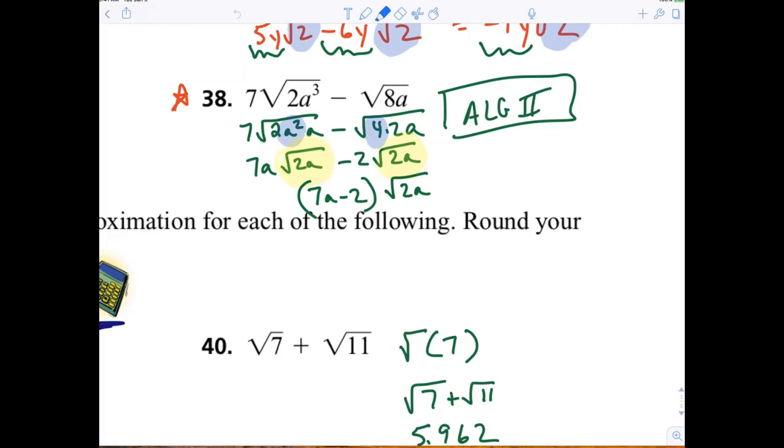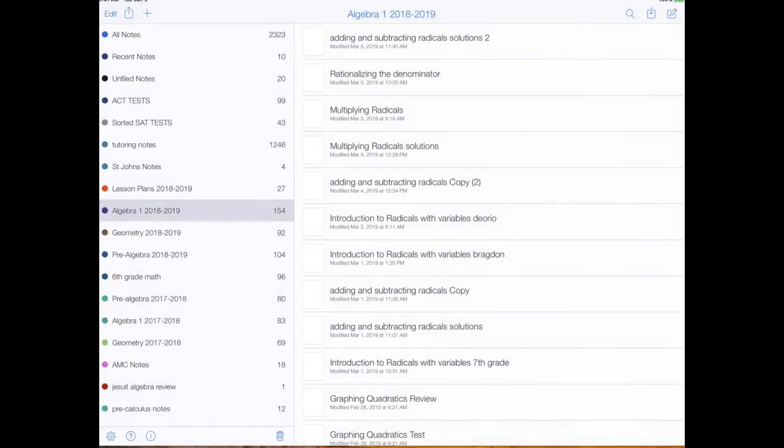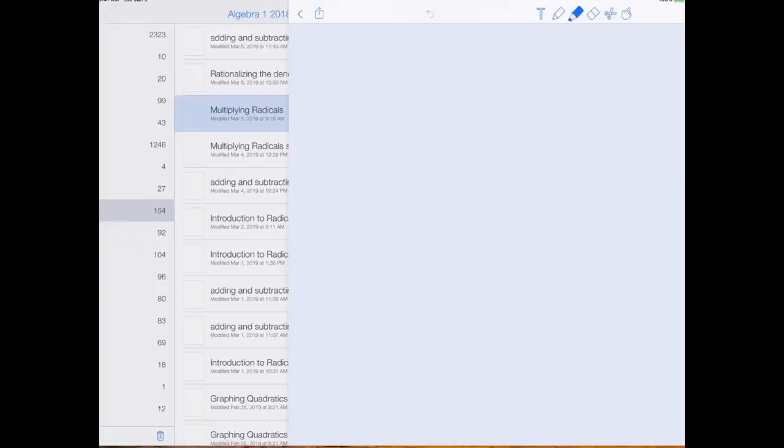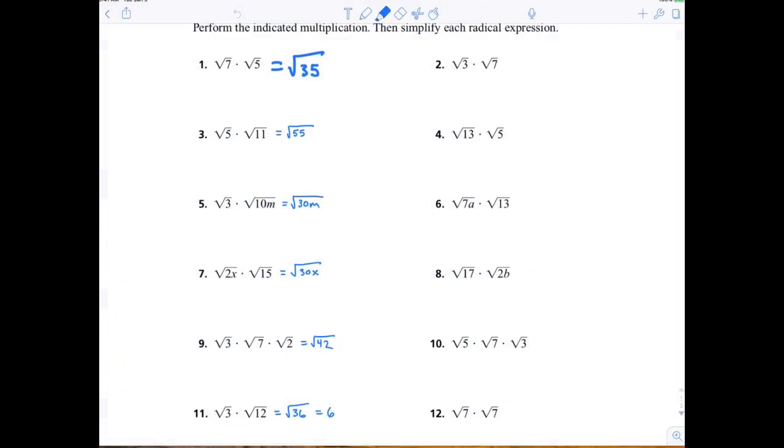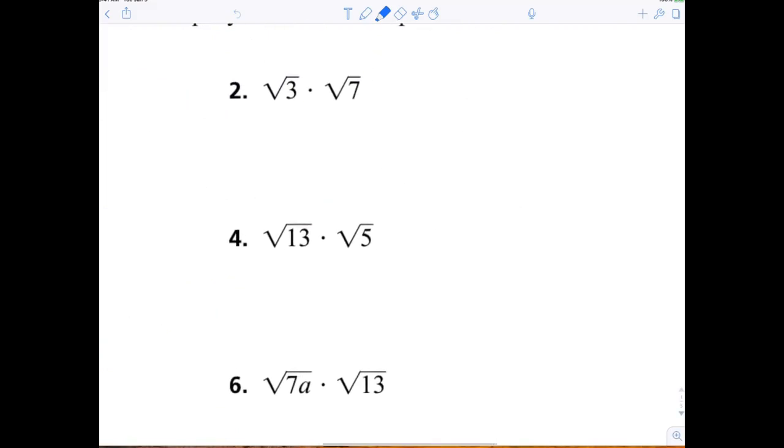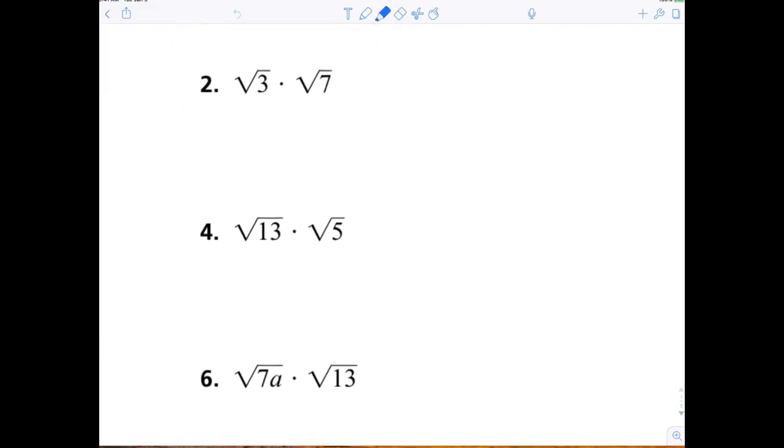So let's look over multiplying radicals. Starting out, I did the odds, now I'm going to do the evens, and then I'll just post the solutions, since this is kind of my own little worksheet. First starts out very easy.